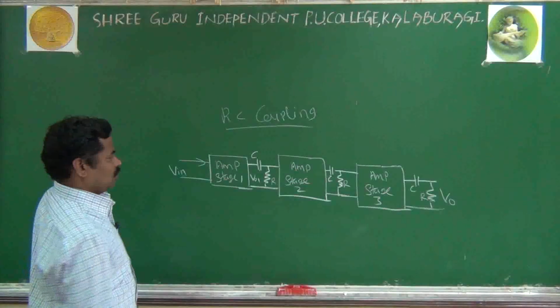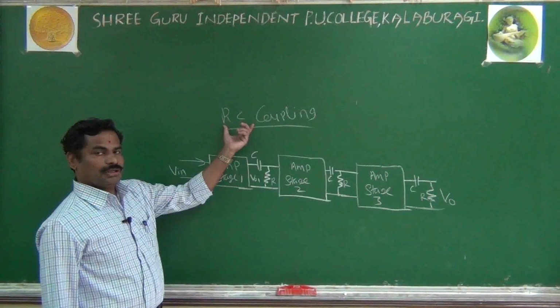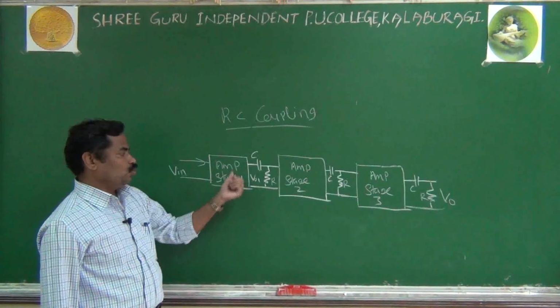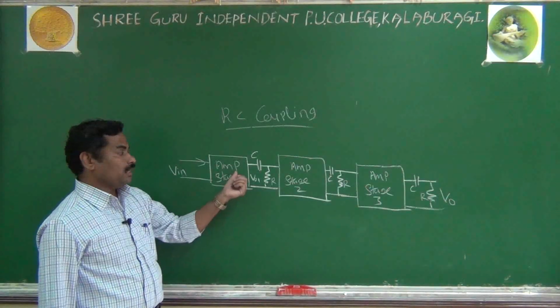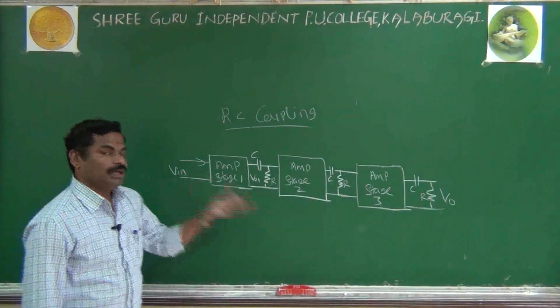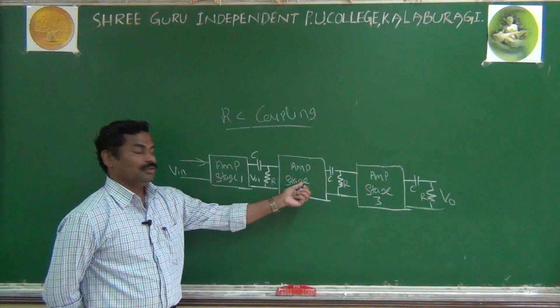It means in your RC coupling, what is RC coupling? Whatever you are getting as the output of the first stage acts as the input of the next stage, and how do you transfer this output to this input?